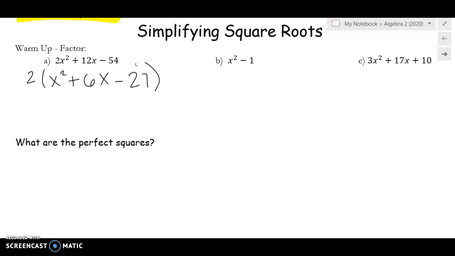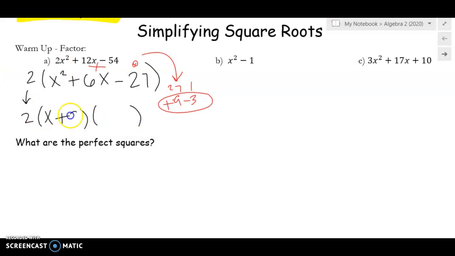And then I want to see what multiplies to 27 and adds to 6. So I go through this and I list my numbers. Remember, we did this on the side, 27 and 1, 9 and 3. I think those are my only choices. If I use the 9 and the 3 and I do a positive 9, negative 3, I can use that combination. Don't forget the 2 out in the front here, you need to drop it down.